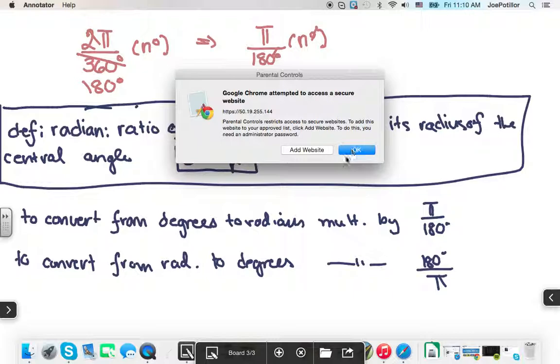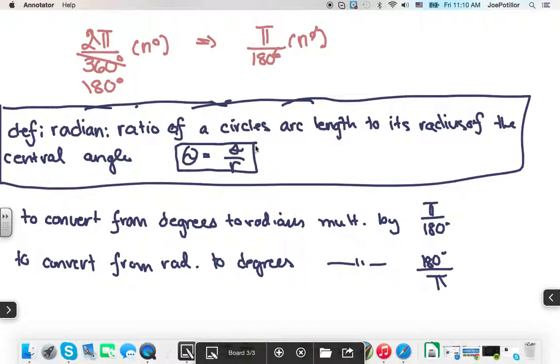And so from this we derive, of course, the length of the arc, which is the same as its linear distance.